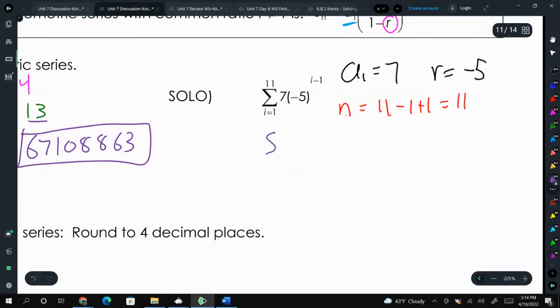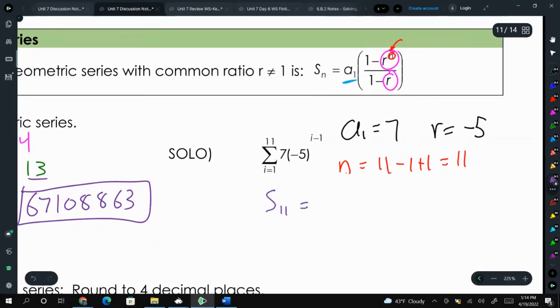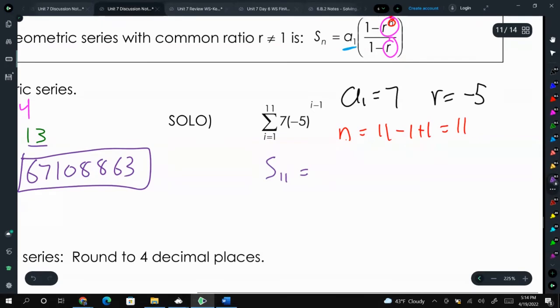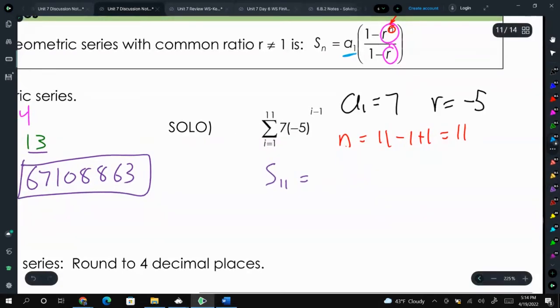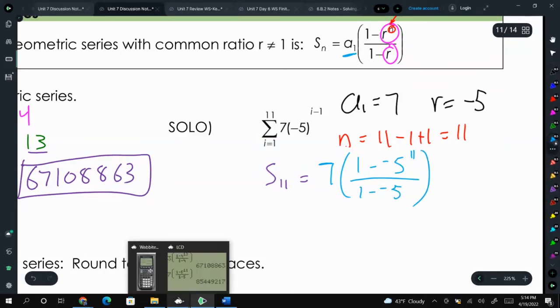Now, when we write this sum formula, the sum of the 11 terms, remember there's a minus sign. It's minus r, but r is already negative, so you want to make sure you account for that. So 7, parentheses, 1 minus -5 raised to the 11th power over 1 minus -5.